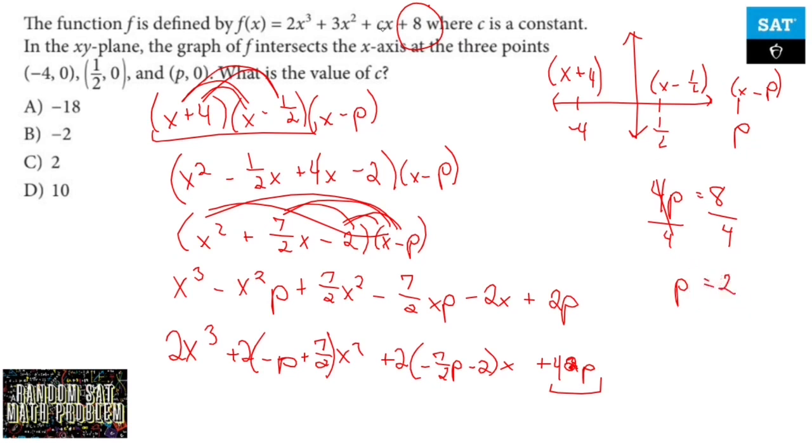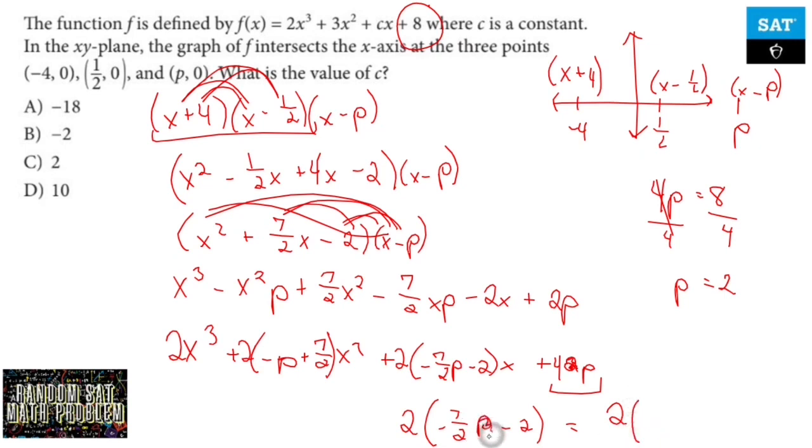My job is to find out what c is. C is in front of x. Also, 2 times negative 7 over 2p minus 2 is in front of x. I now know that p is 2. So if I multiply that by 2, I get negative 7 halves times 2.